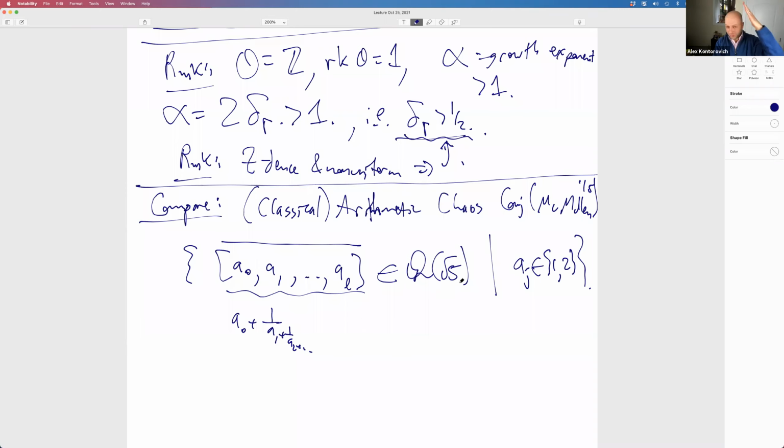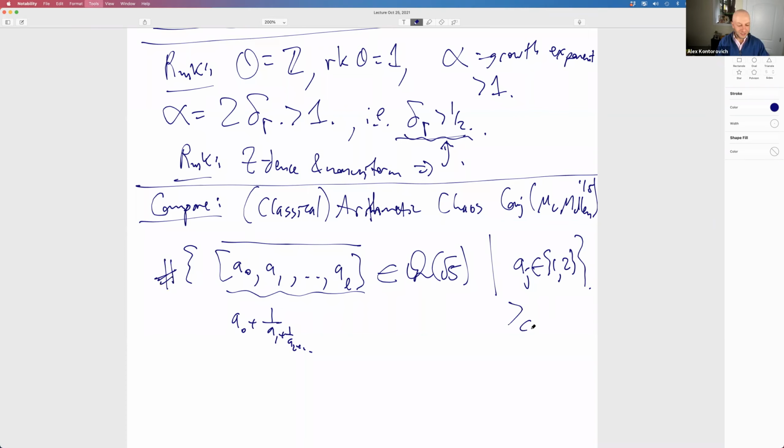The question is, when I restrict to lying in a particular field like Q adjoin root 5, the only reason I say Q adjoin root 5 is that at least I know one element: 1, 1, 1, 1, 1, 1 will be the golden mean, which lies in Q adjoin root 5. So if I restrict to this set, does the number of points grow exponentially?